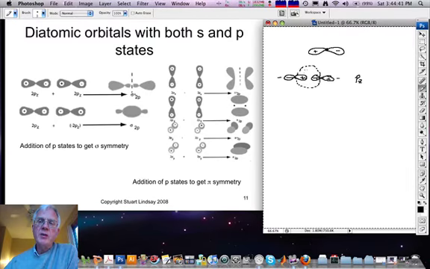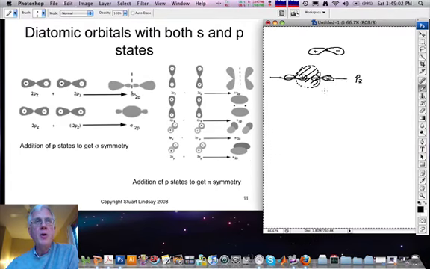The result of this is that when you add the probability amplitude and square, you get extra probability density in the middle, i.e. the formation of a bond. The electrons are now spread out to occupy a larger volume, and so this state has a low energy. It's a bonding state.